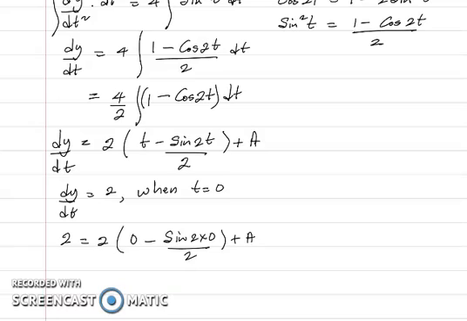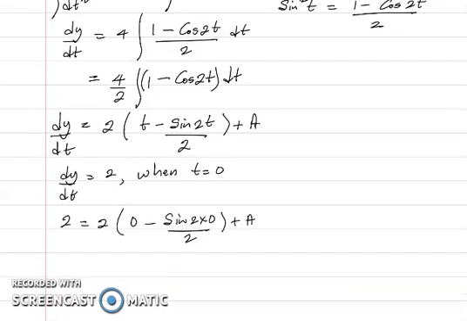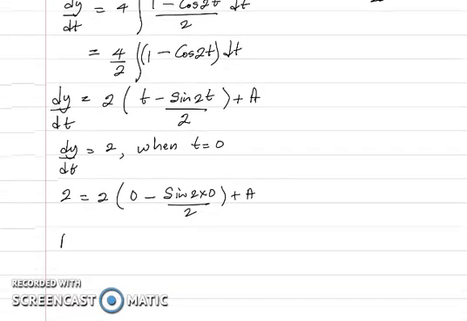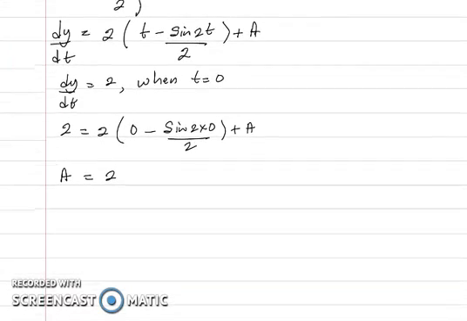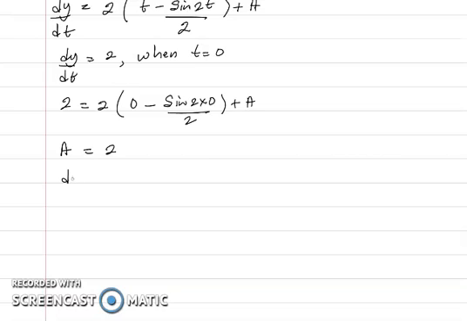The sine of 0 is 0, so this entire section is going to be 0. And so a is equal to 2. We can write dy by dt would be equal to, expanding, 2t minus sine 2t plus a, which is 2.